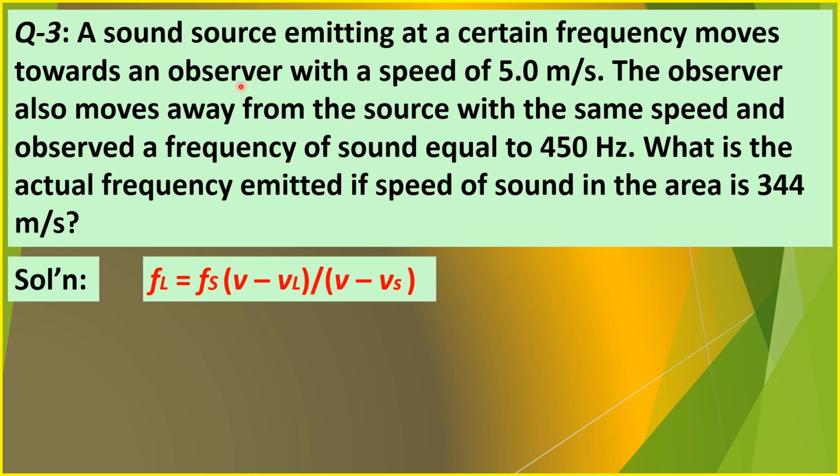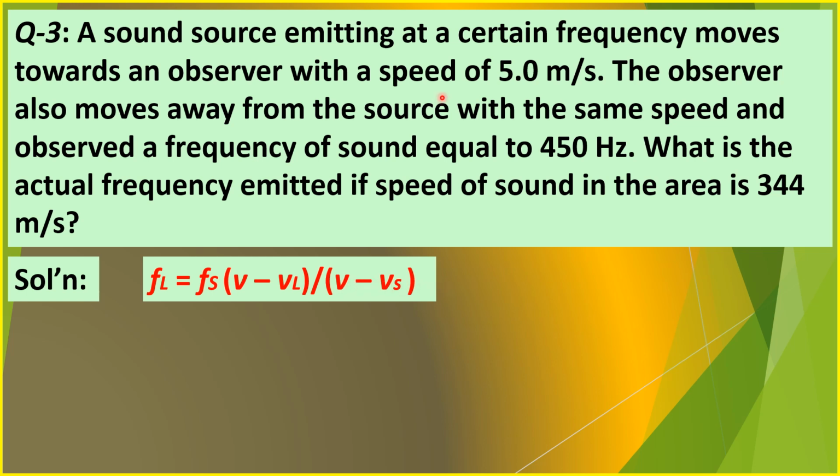The observer or listener is moving away from the source. And why in the denominator are we using V minus Vs? Because the source happens to be moving towards the listener. So we are using V minus Vs.